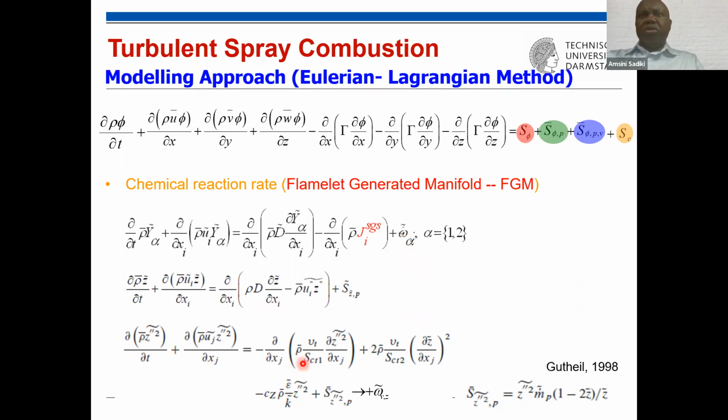And if we include the presumed PDF, then we have an additional source term here, and the source term has been provided by Professor Gutheil as a dependency on the evaporation rate. If the evaporation is 0, then we don't have evaporation. This term is 0, and this term will be also 0.